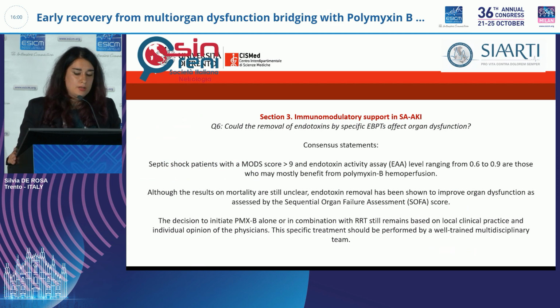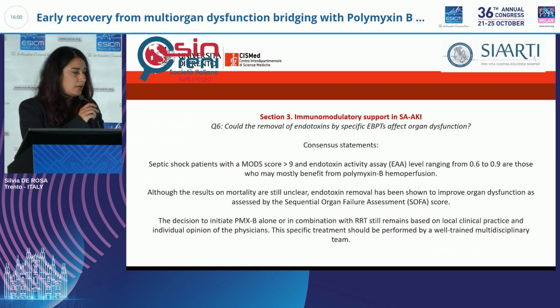So what we also decided to do, with the Italian Society of Nephrology and the Italian Society of Anesthesia and Intensive Care, was to consider the data of EUPHRATES, and so we made a consensus statement. Patients with septic shock with a MODS over 9 and an endotoxin activity assay level ranging from 0.6 to 0.9 are those who may mostly benefit from polymyxin B hemoperfusion.